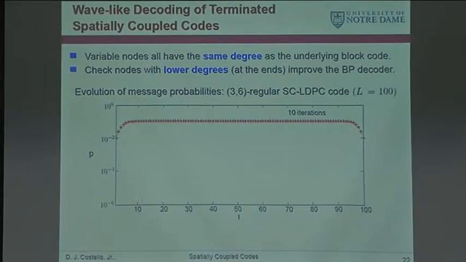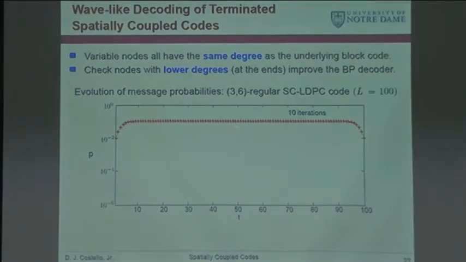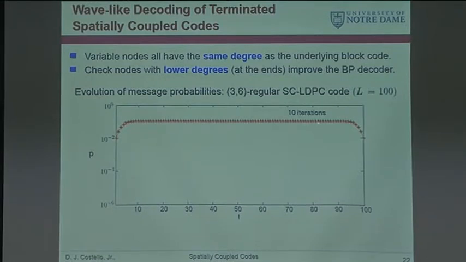Now notice what's happening after 10 iterations. Basically nothing has happened in the center of the graph. But the erasure probabilities of the nodes at the beginning and the end of the graph, where we have these smaller check node degrees, which give us stronger local codes, just from the connections between the checks there and the local variable nodes, are starting to improve.